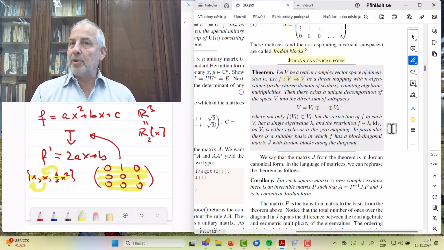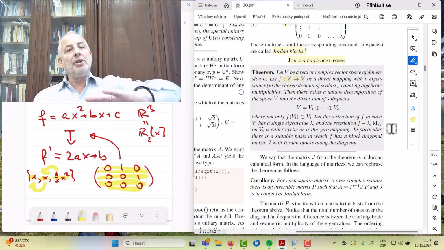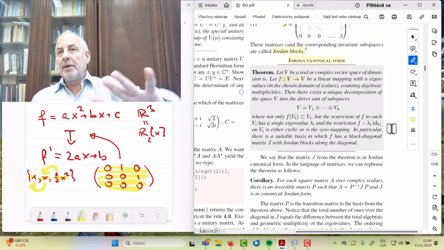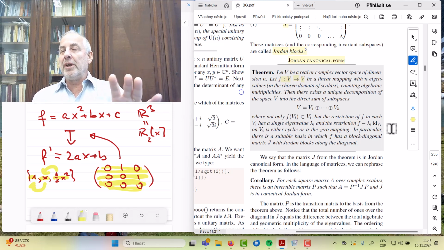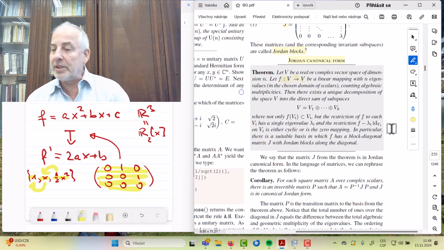The difference, say, between real numbers and complex numbers is that over real numbers, if we deal with something like a rotation in a plane, then there simply will not be any real eigenvalues, right? But we can get them once we complexify. If we deal with something like this, there is only a limited number of eigenvectors, but there are the eigenvalues there, right?